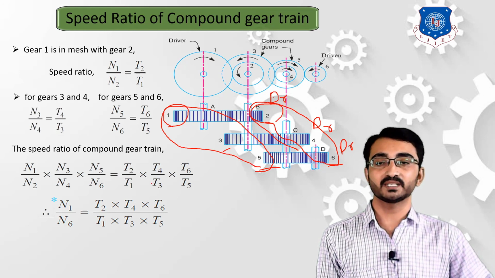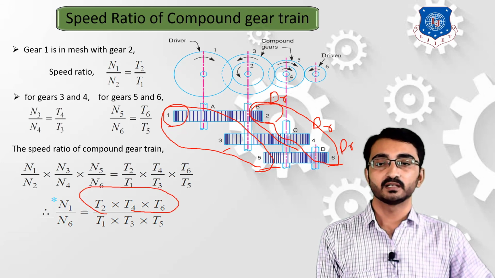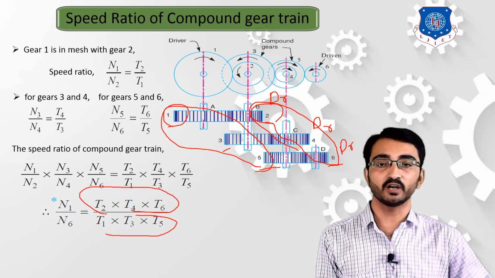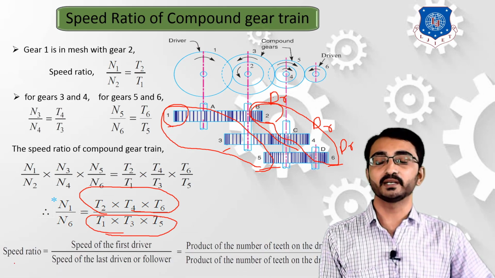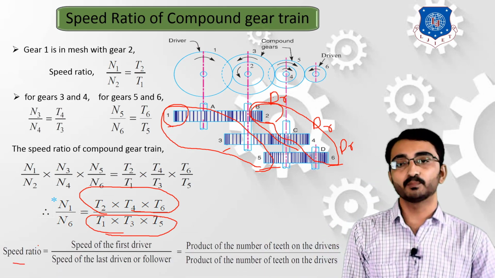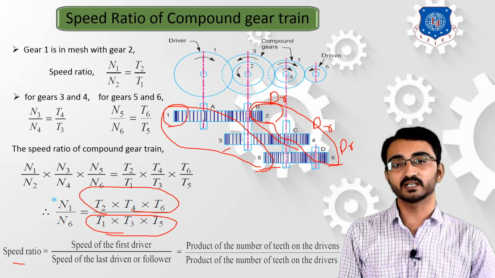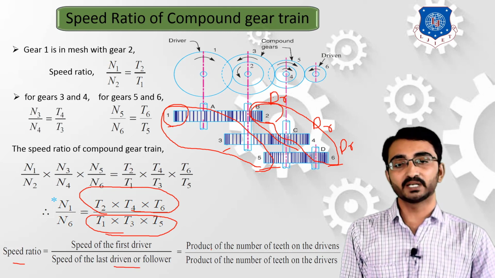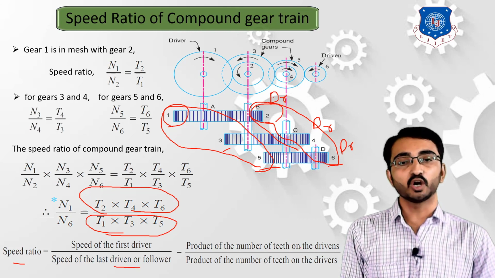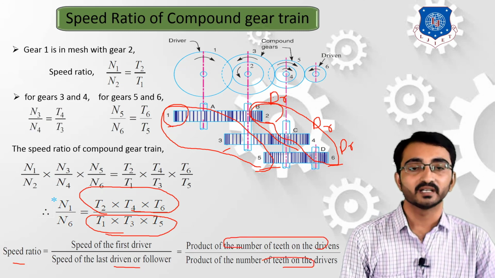So we can simplify that the speed ratio for compound gear train, that is the speed of first driver to the speed of last driven, can be achieved by a simple product of number of teeth on driven gears to the number of teeth on driver gears.